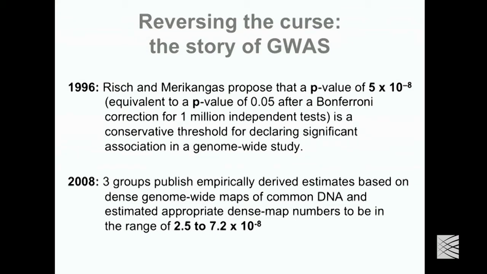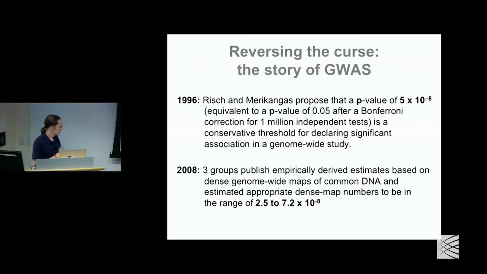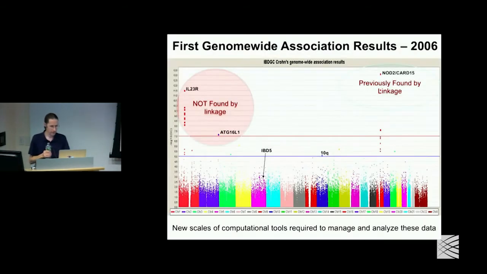And we came up with an answer that was really in quite a similar range to the back of the envelope calculation. So we end up sticking with this 5 times 10 to the minus 8 threshold. So that's where it comes from. It's obviously an approximation, but a very effective one, because as complicated as you want to make that calculation, it's not going to be too far off.